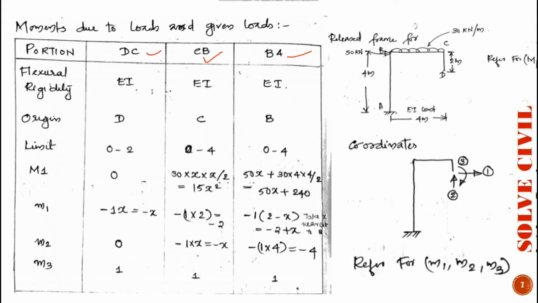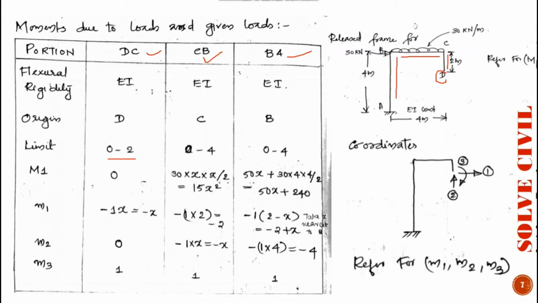For the portion DC, we have the origin at D, for CB it is C, and for BA it is B. The limit for DC is 2 meters in length, so the limits will be 0 to 2 for DC, 0 to 4 for CB and 0 to 4 for BA.